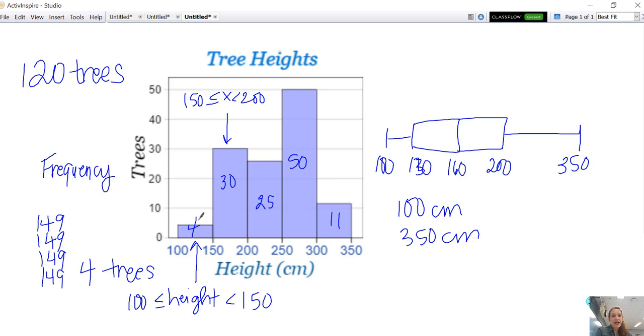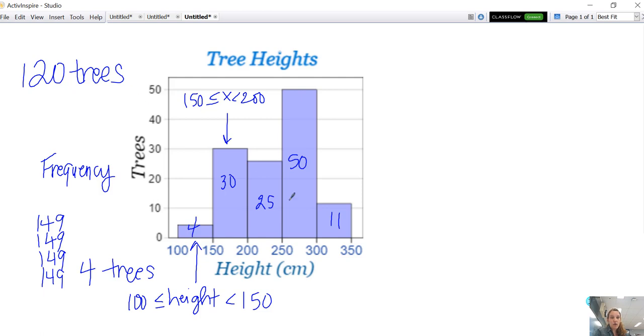So I don't actually know the heights of those specific 4 trees. I just know that there are 4 trees in my sample that had heights somewhere between 100 and 150. So on a box plot, I can know the min and the max for sure. But on a histogram, I can't specifically identify the min and the max. I know that it's somewhere in that range, but I don't know for sure.